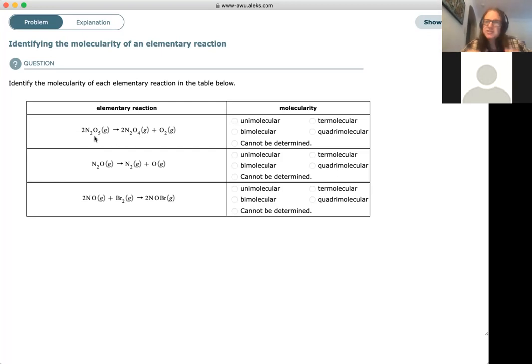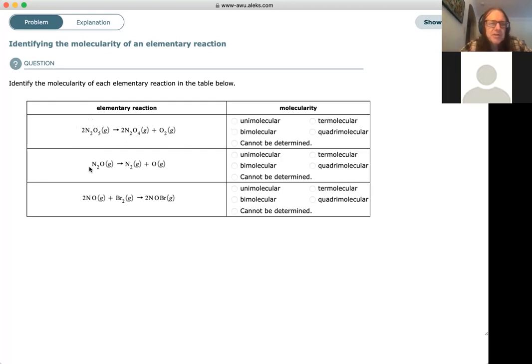All this is saying is these 2 molecules collide, an O2 comes off, and 2 N2O4s come off. The nice thing about this particular question is it's very simple. You just count how many molecules you have on the reactant side. That's all you have to do. There are 2 molecules here, so that's bi. So you would pick bimolecular.